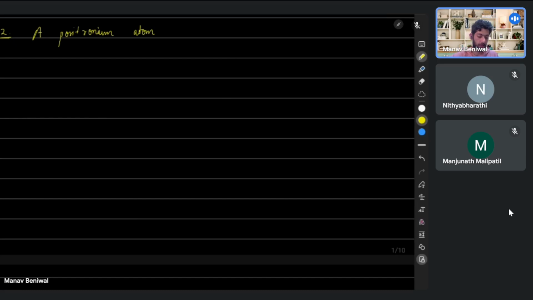Now what is a positronium atom? A positronium atom has a positron instead of a nucleus and an electron revolving in the orbit. So it is like a hydrogen atom, but instead of your proton, now you have a positron at the center. So this is the positron.